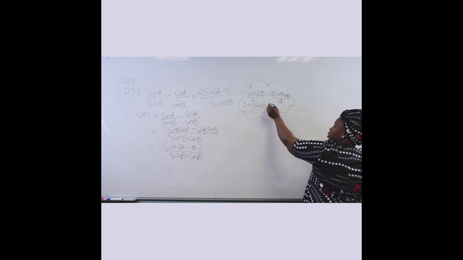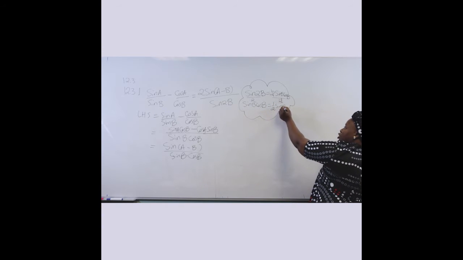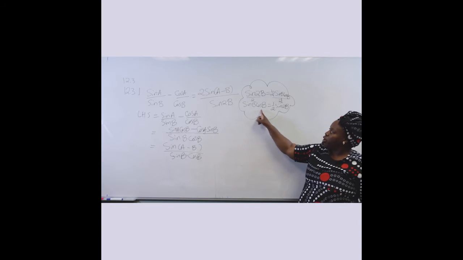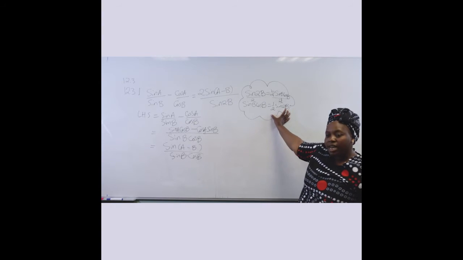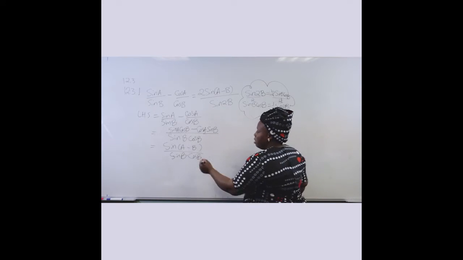But this can be equal to 1 over 2 sine 2B. So it means instead of writing sine B cos B, I am going to write half sine 2B. So that's what we are going to do there.